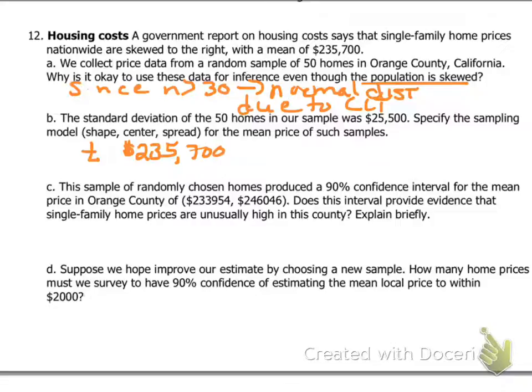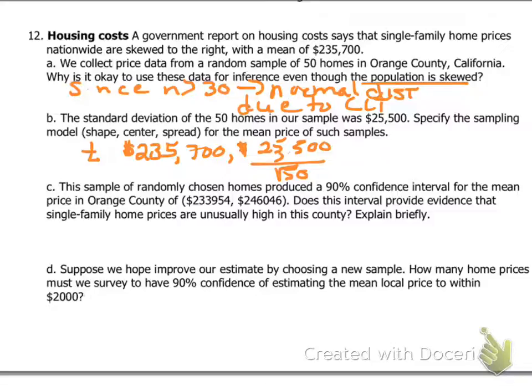Now remember, we have the standard deviation of our sample, not of the population. So it's going to be 25,500 divided by the square root of 50. Whatever that is equal to, that's your answer. You can keep it like that, or you can tell me the dollar amount. But remember to divide by the square root of 50.